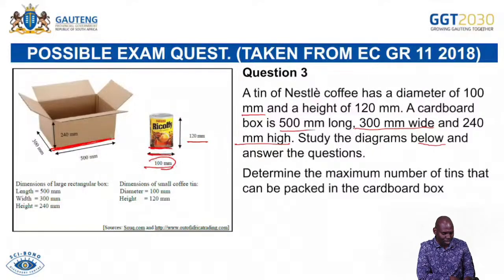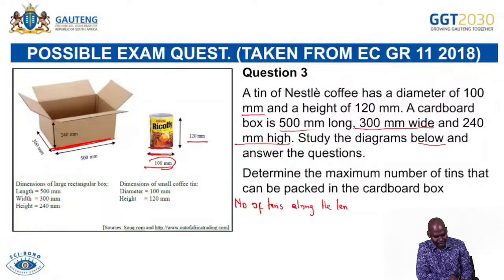How many 100 millimeters are going to fit there? So we say, right, number of tins along the length. It's 500 millimeters.